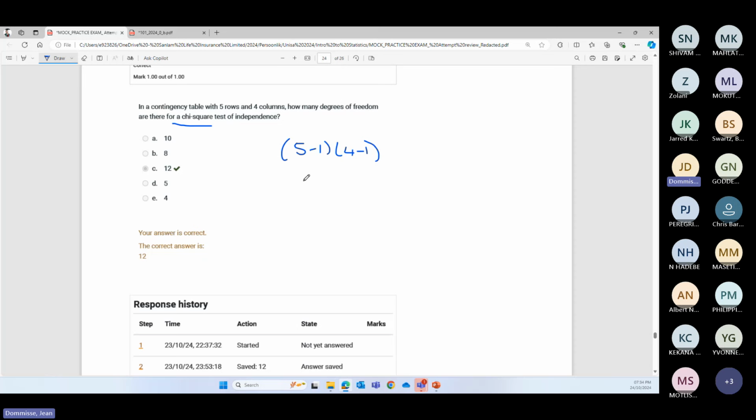So 5 minus 1 is 4, 4 minus 1 is 3, so 4 times 3 is 12. Okay, so that is how we get to that one. So remember, the degrees of freedom for chi-square is row minus 1, column minus 1. Okay, so I think last night it was 5 and 3. Yes.